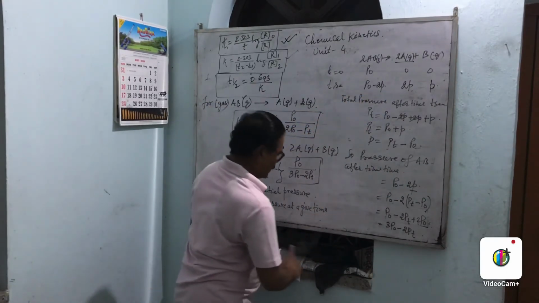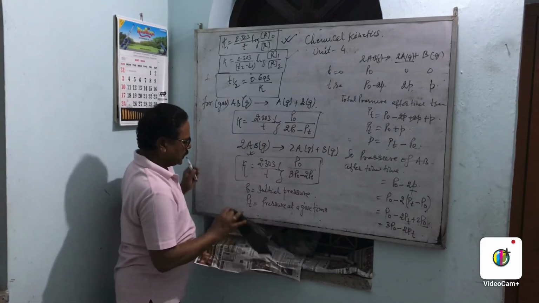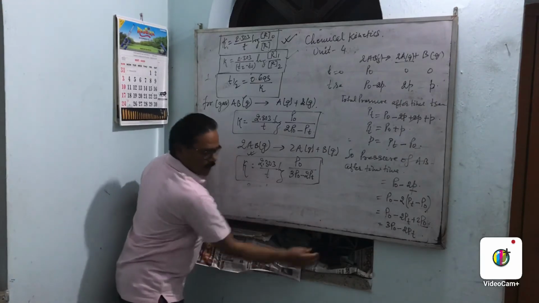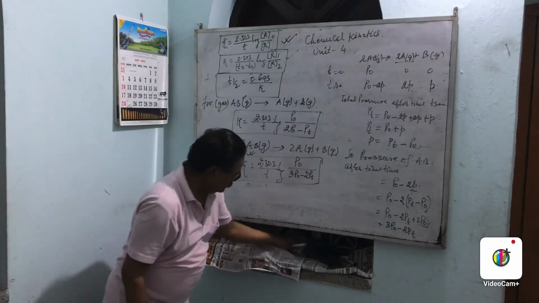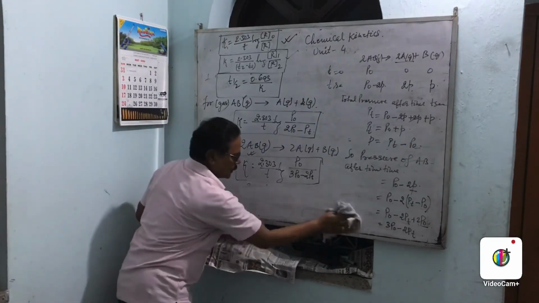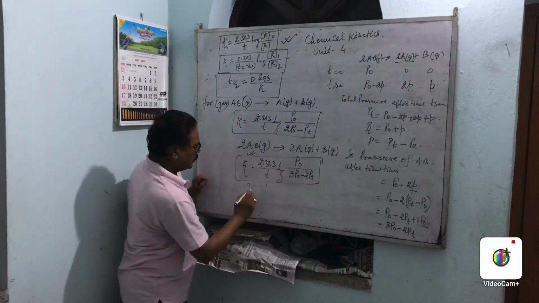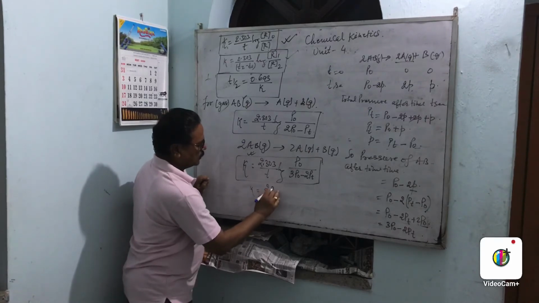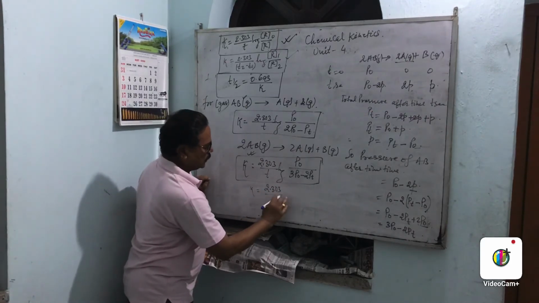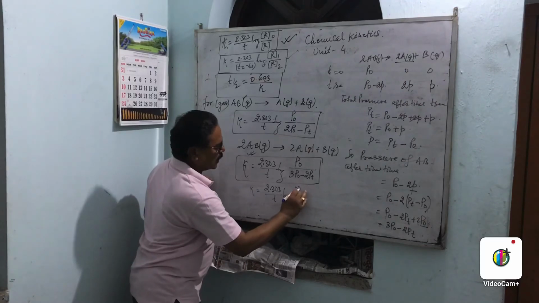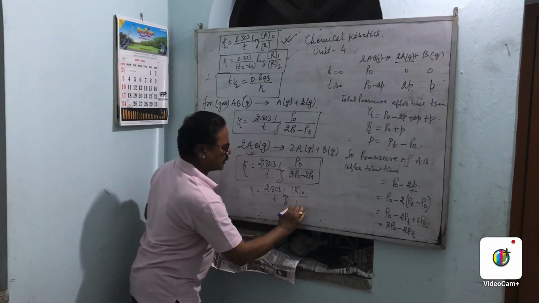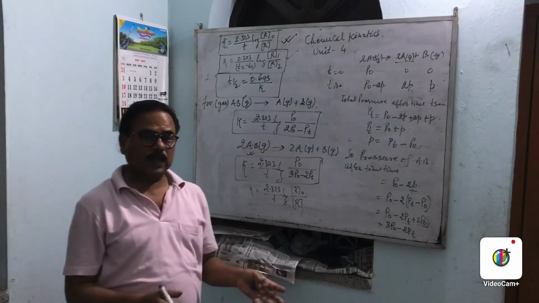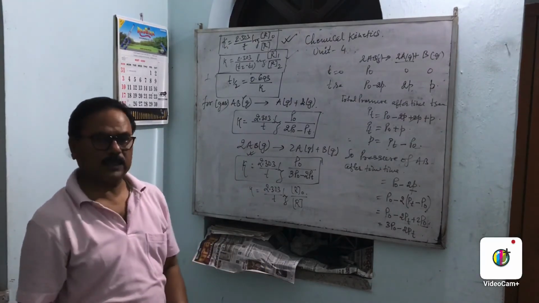So we have the equation, similarly K is equal to 2.303 by t log of R naught by R. The basic concept is the first order reaction, and we are using the first order reaction for the gaseous reactions.